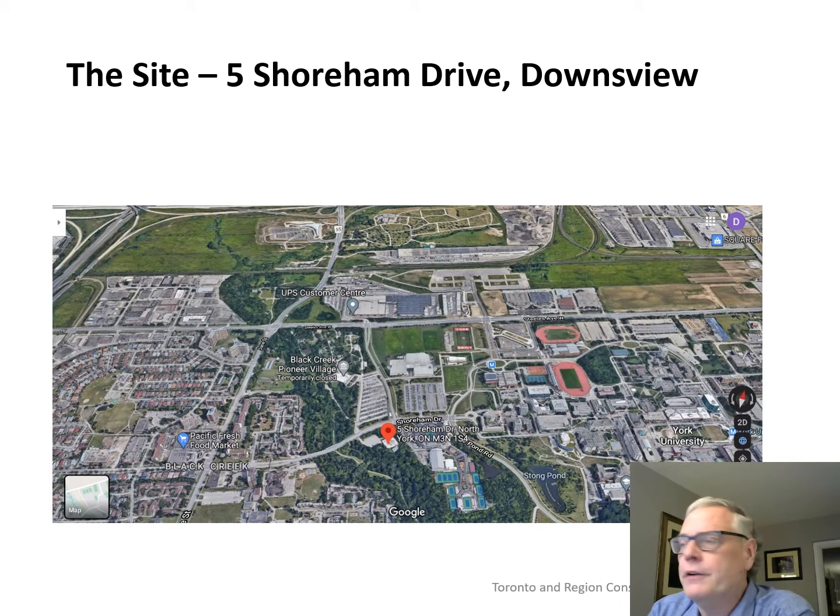So our site here, 5 Shoreham Drive, is where our head office used to be and will be in the relatively near future. You can see it here. It still has the existing building in this Google image. It's located just southeast of the intersection of Jane and Steeles and just south of Black Creek Pioneer Village.